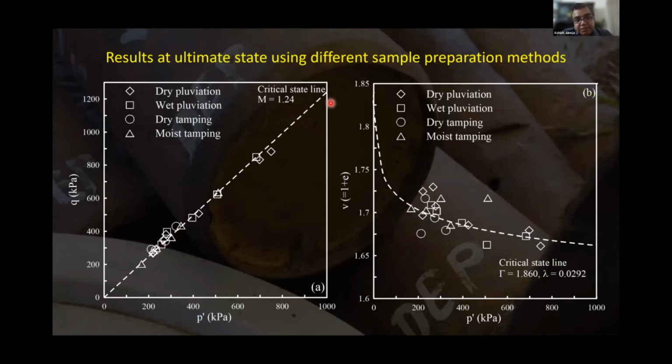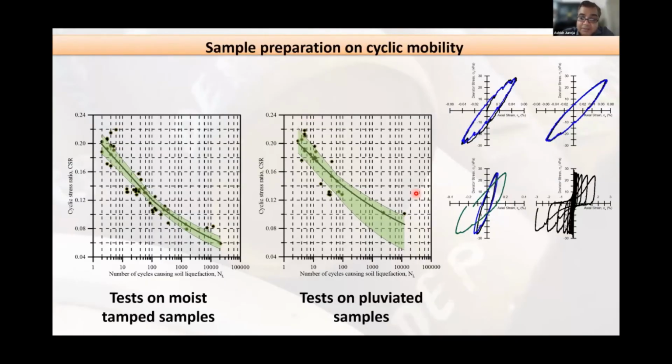Irrespective of what kind of sample preparation method you have used, or the figure on the right, which shows other critical state parameters from compression space, it means that the constant volume failure, or the failure which happens at ultimate state, those conditions do not change irrespective of what kind of sample preparation method you use. But having said that, for dynamic loading, there is a substantial difference.